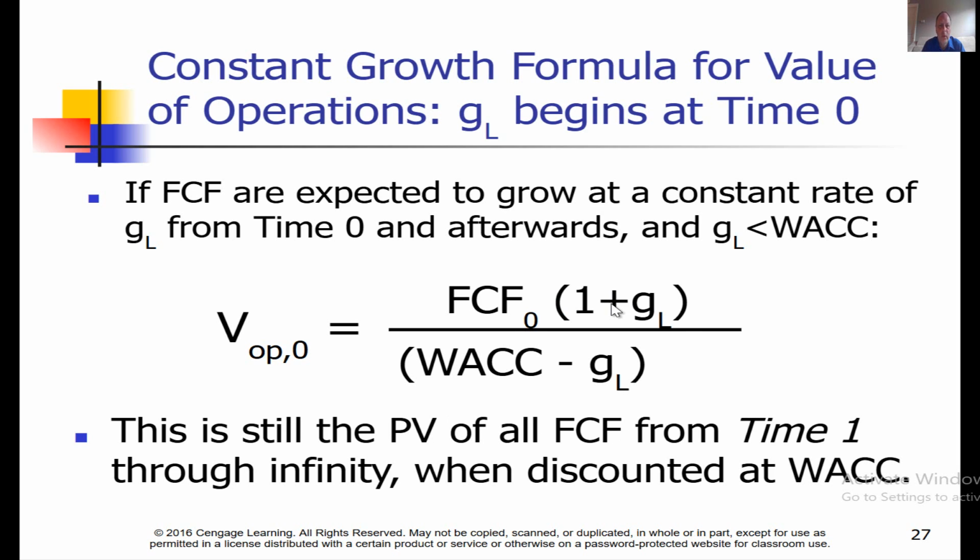Commonly, you will know today's free cash flow, and then you will be projecting into the future, the end of this year, the beginning of next year. So we will rewrite this as the value of operations is free cash flow 0 times 1 plus the growth rate over WACC minus the growth rate.